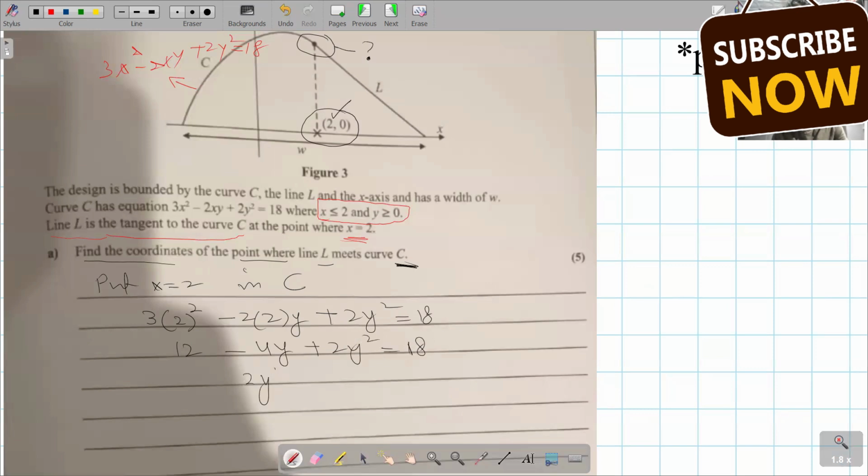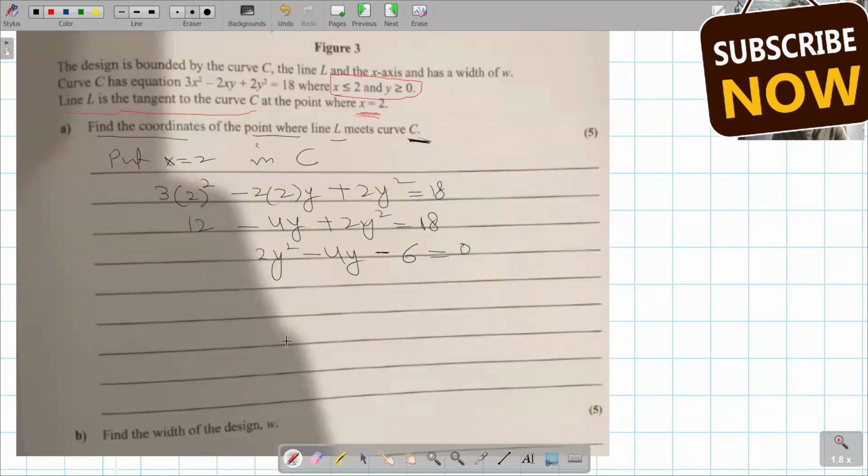So it is again a quadratic equation. Bring 18 to the left hand side: 12 minus 18 is minus 6. Let's make it simpler and divide by 2 on both sides: y squared minus 2y minus 3 equal to 0.